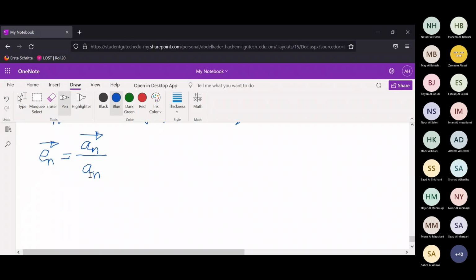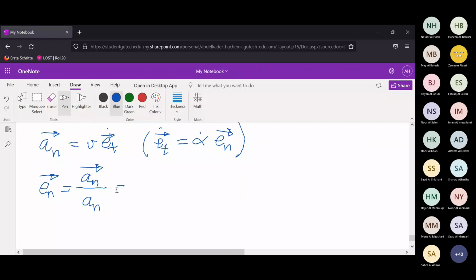This is known in vector calculations. Now, if we do so, by definition e_n is only v e dot t.